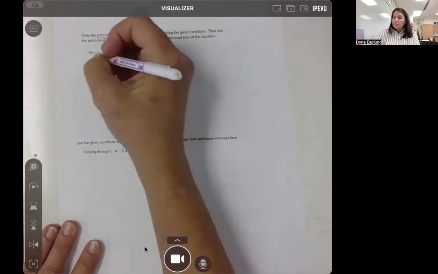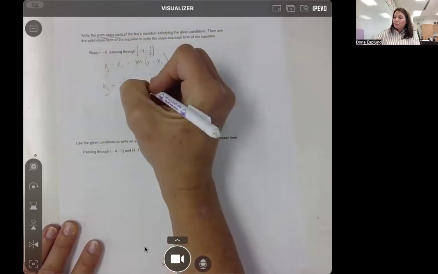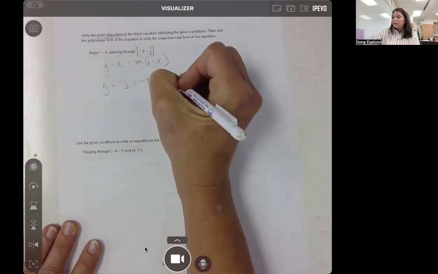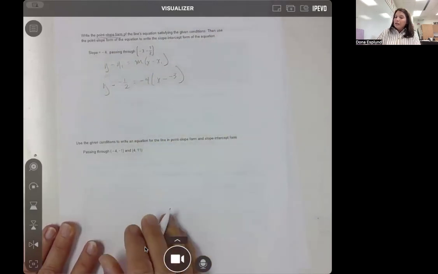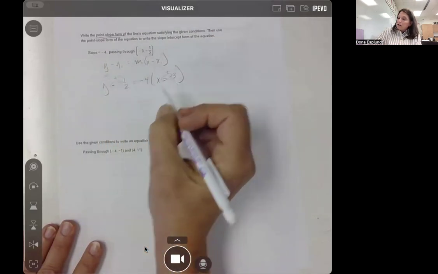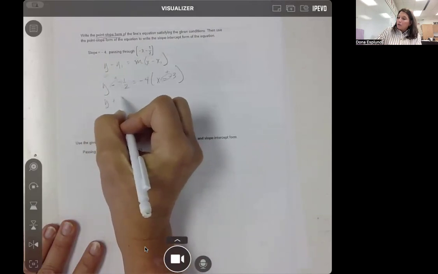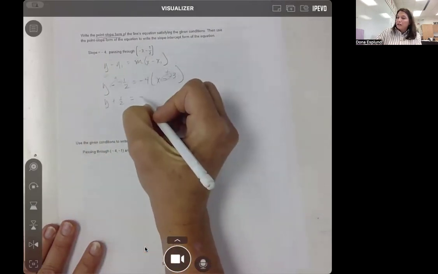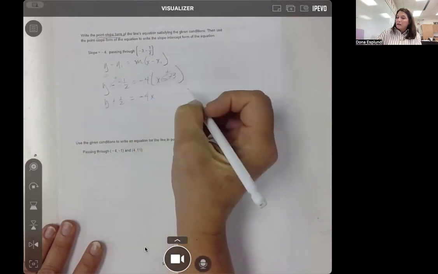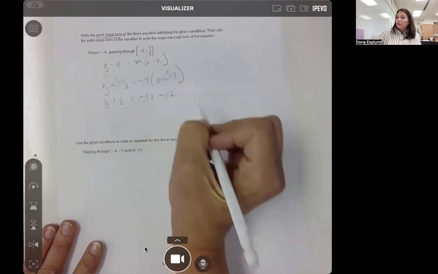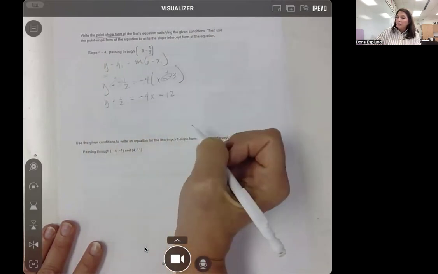So in this case, I've been given a slope of -4, so I'm going to go -4 times x minus a -3. So in this case, I'm going to again go plus and plus. So I have y plus 1/2, and then I'll distribute the -4 in. So I'll have -4x. Anyone tell me positive or -12? Good, -12.